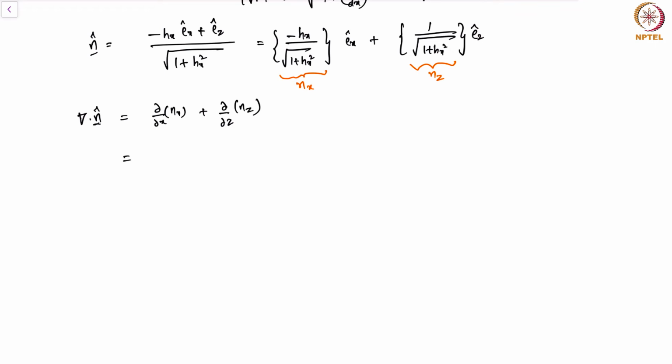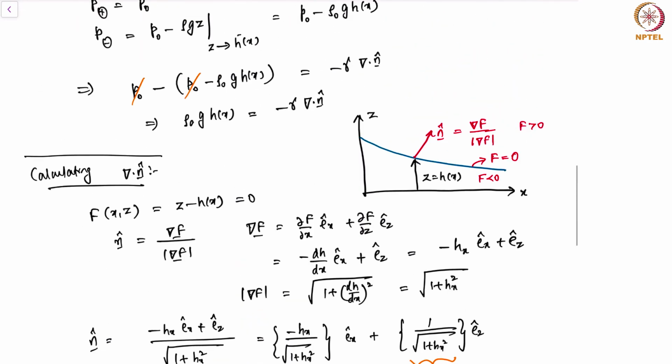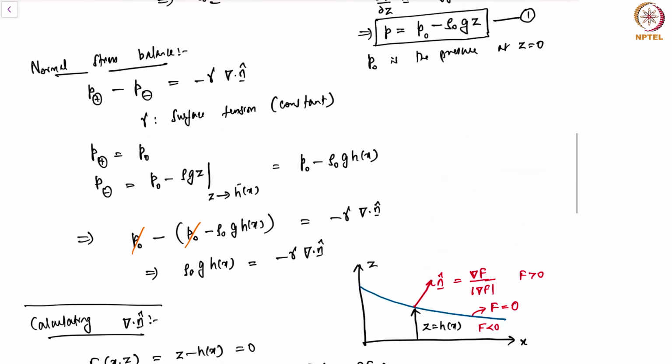I will skip the detailed algebra here. We have to take the x derivative of nx and the z derivative of nz. Clearly, the second term is identically 0 because nz is not a function of z. If we do this calculation, we have hxx divided by 1 plus hx square whole power 3 by 2. This is del dot n, right? So we've got a few important results here.